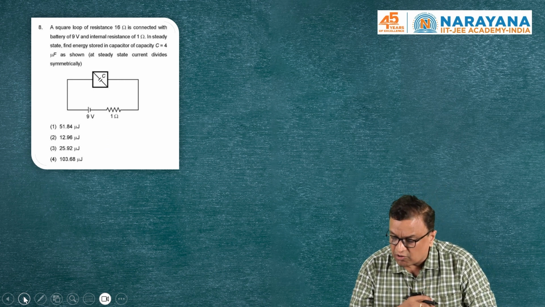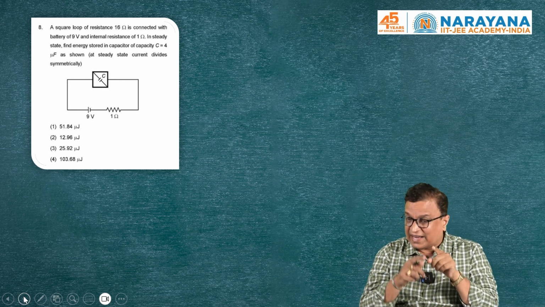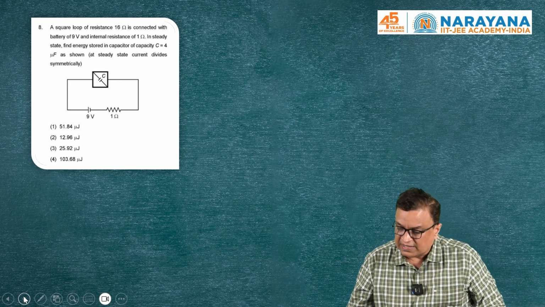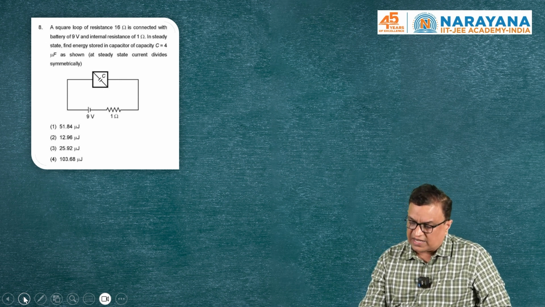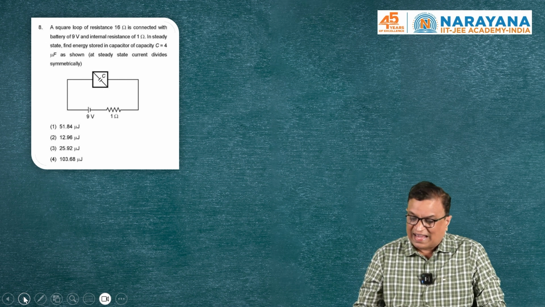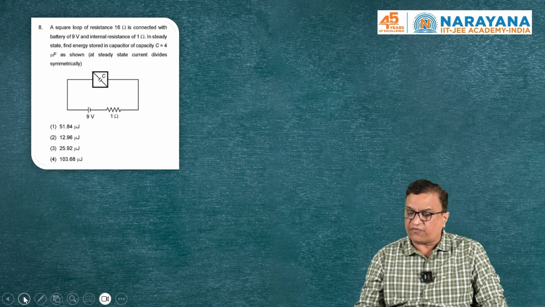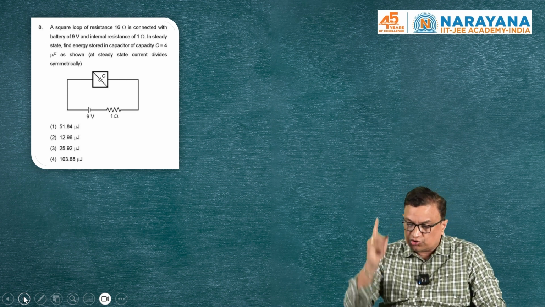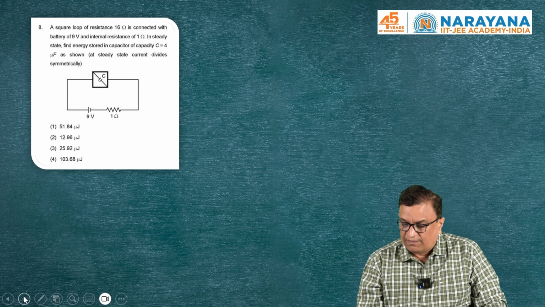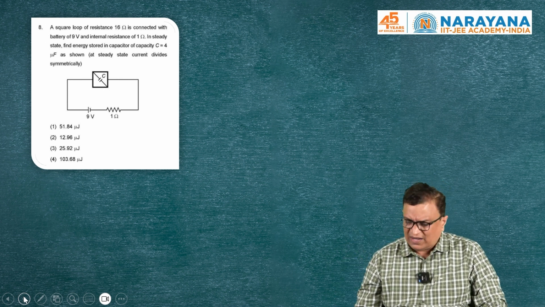Right. Square loop of resistance 16 ohm. Each side is 4 ohms. Remember, it is connected with a battery of 9 volts and internal resistance of 1 ohm. In steady state, find the energy stored in the capacitor of capacity 4 microfarad as shown. Now, forget about the capacitor for a while.